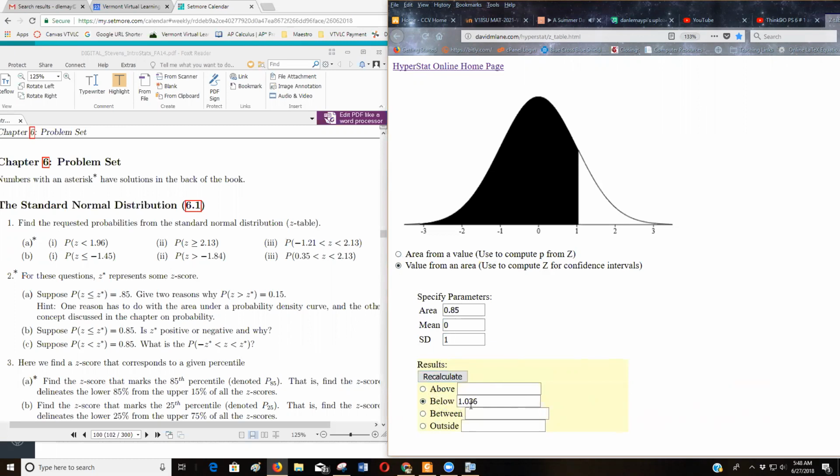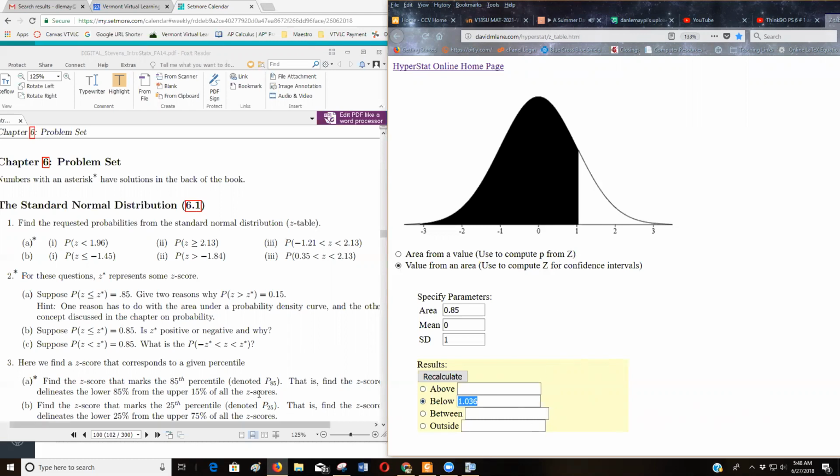So the applet tells me that z-score is just a little bit bigger than 1.036. That's the z-score that cuts off the bottom 85% or the upper 15%, if you want to think about it that way.